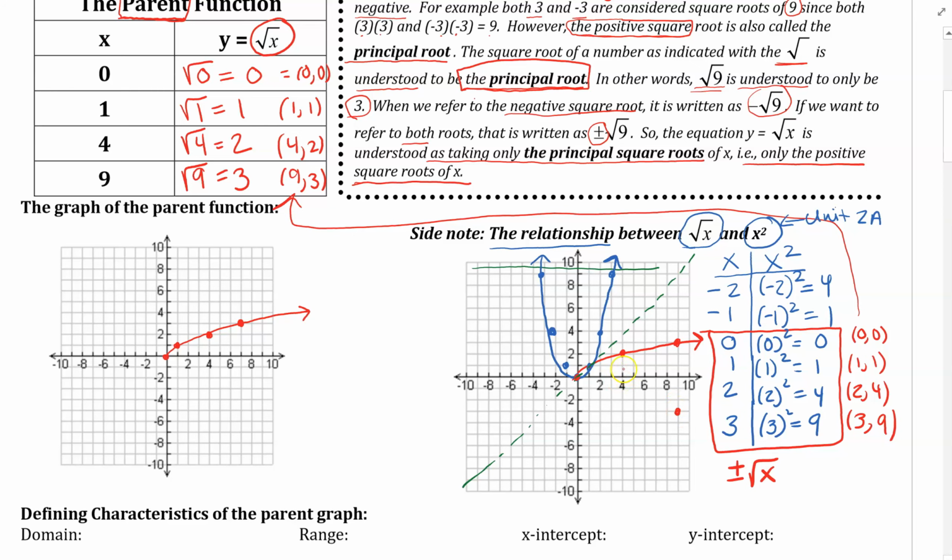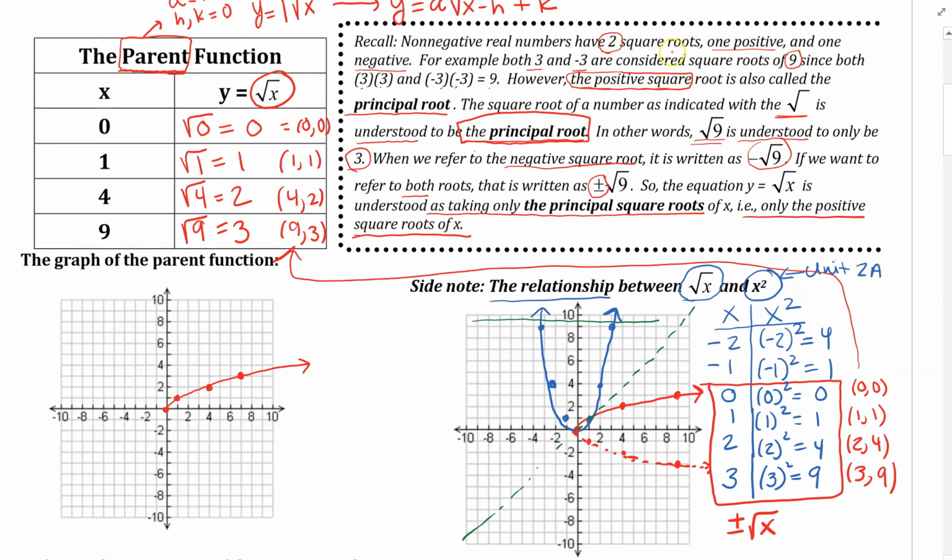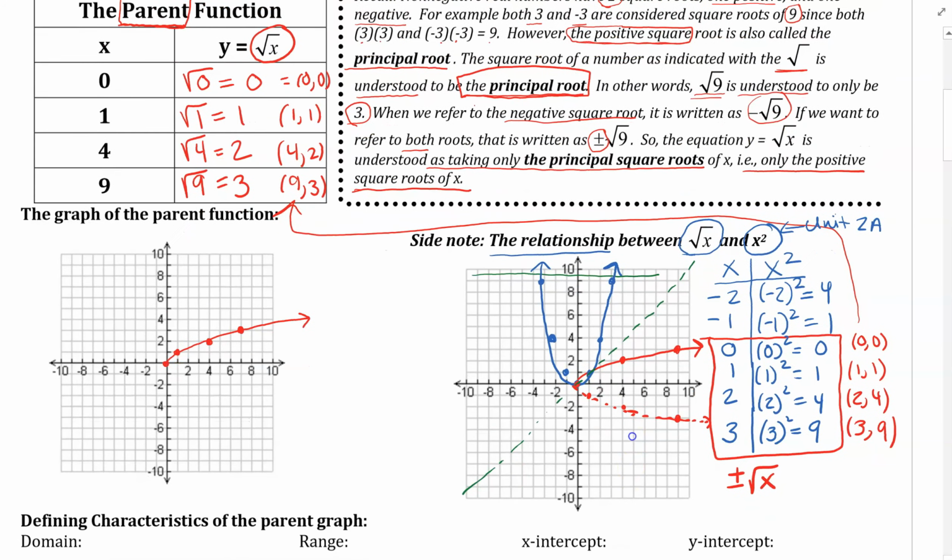And if I took the square root of 4 and got both positive 2 and negative 2, that would be here. Square root of 1, both positive and negative, that would be there. So if I allowed myself to take both of the square roots that I know there are, positive and negative, then I would see, oh, look at that. It's the exact 100% inverse of y equals x squared.